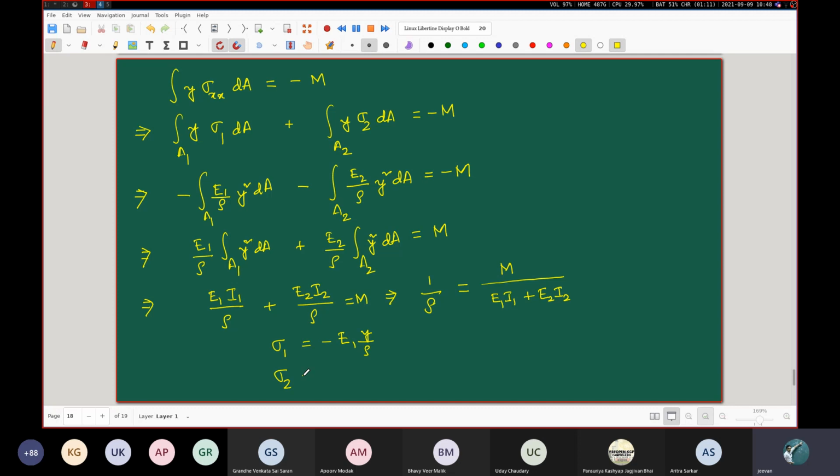Similarly, for the sigma 2, we have this equation, and we can go about doing the same kind of thing. So effectively, we now have a method, although it may be a little bit long, of determining the stresses individually in the two different materials which make up the cross section.